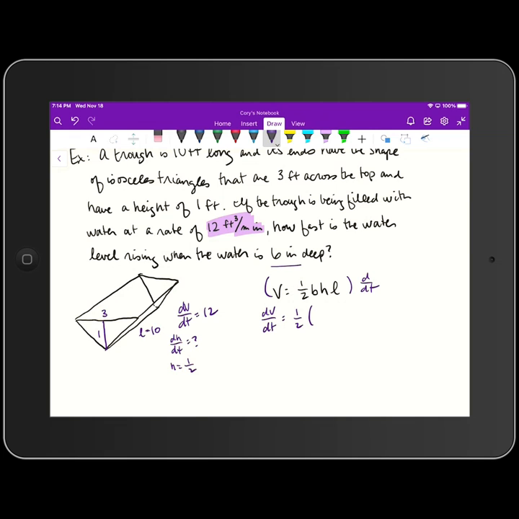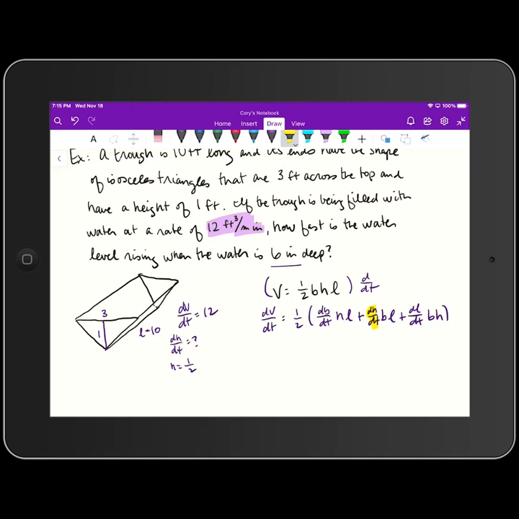So if we're going to do product rule with 3 functions, it's going to be the derivative of the first, so dB/dt, times the second and the third, plus the derivative of the second, which is dH/dt, times the first times the last, plus the derivative of the third function, which is dL/dt, times the first times the second.